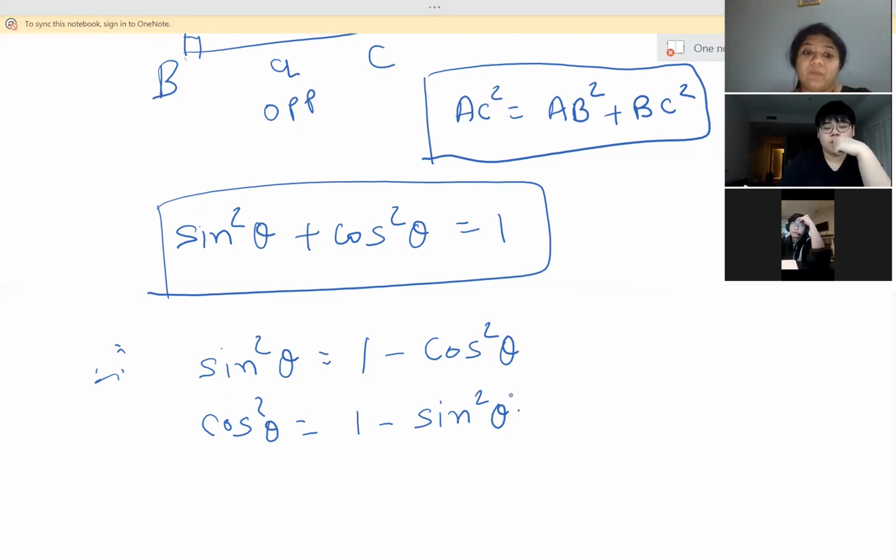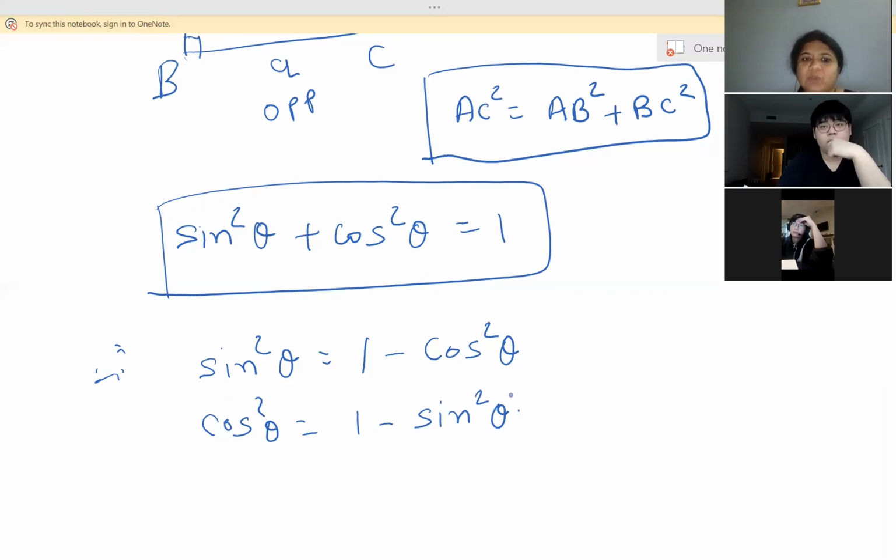So from this identity, sin square theta is equal to 1 minus cos square theta. For some questions, we have to use 1 minus sin square theta. At that time, I will isolate my cos square theta, and say cos square theta is equal to 1 minus sin square theta. Depends upon the question.